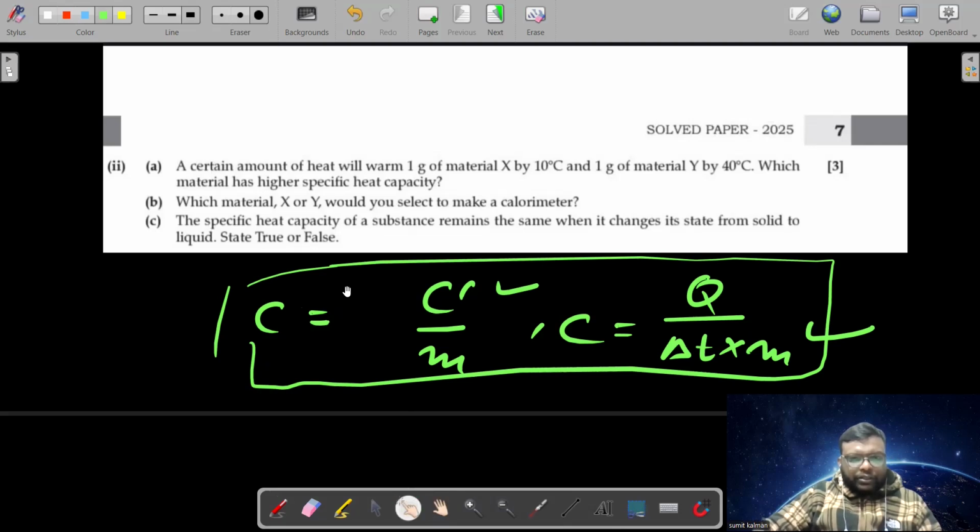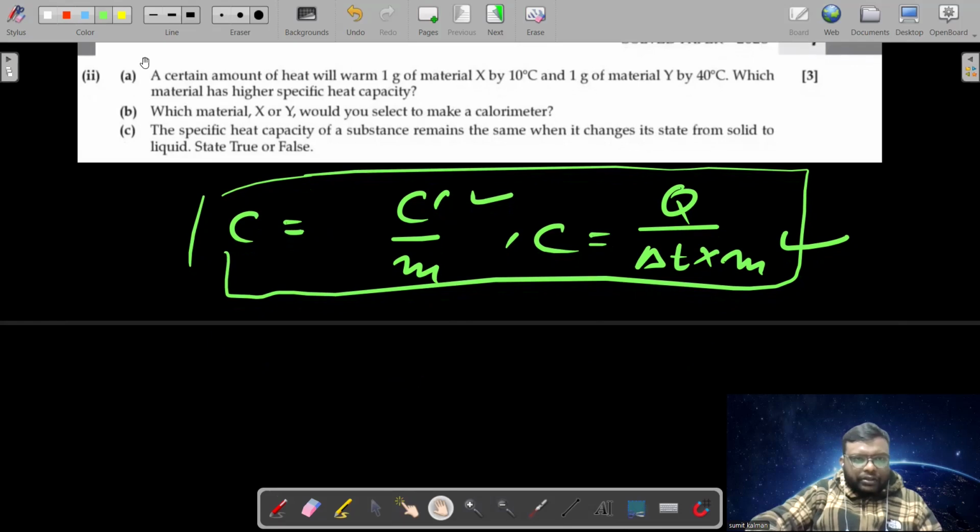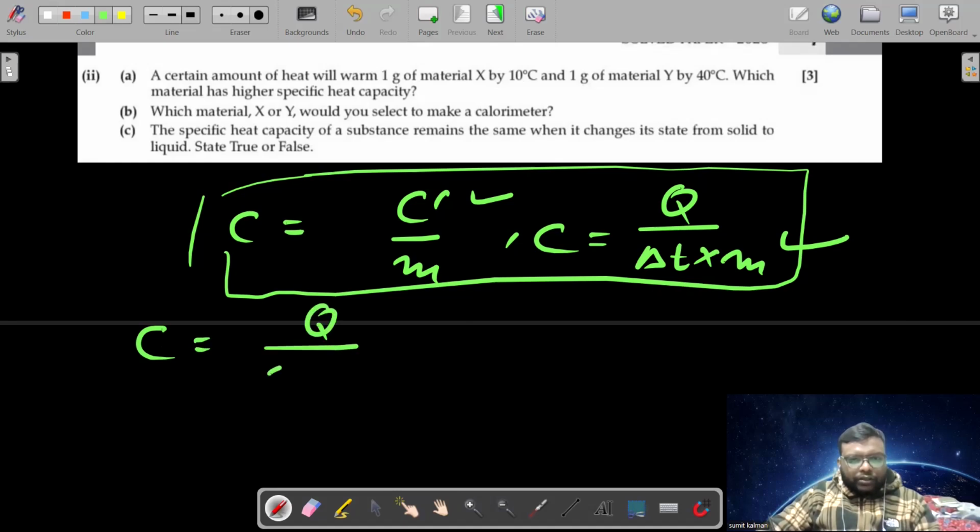Now here a certain amount of heat is warming 1 gram of material X by 10 degrees Celsius. So here C is equal to Q upon mass of X, I am taking it as mx, into delta T, which is change in temperature.